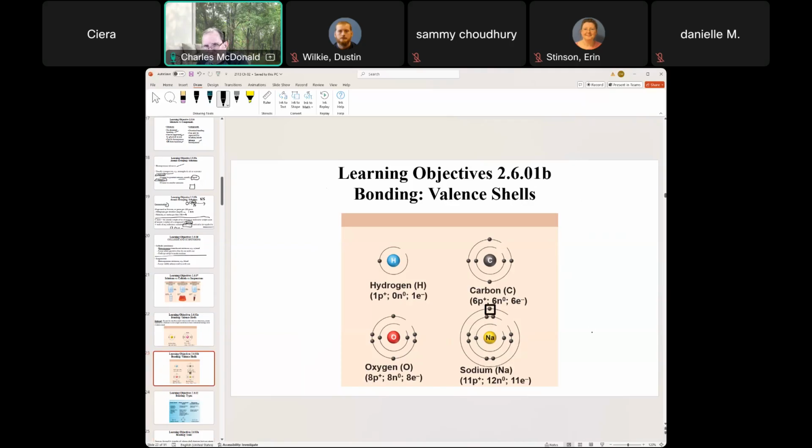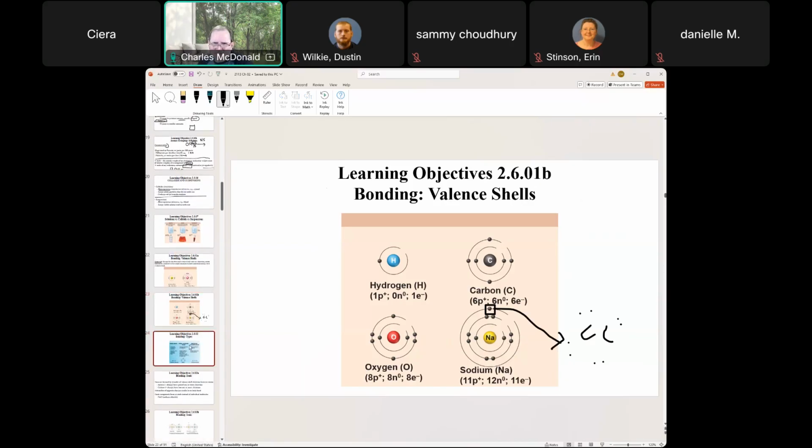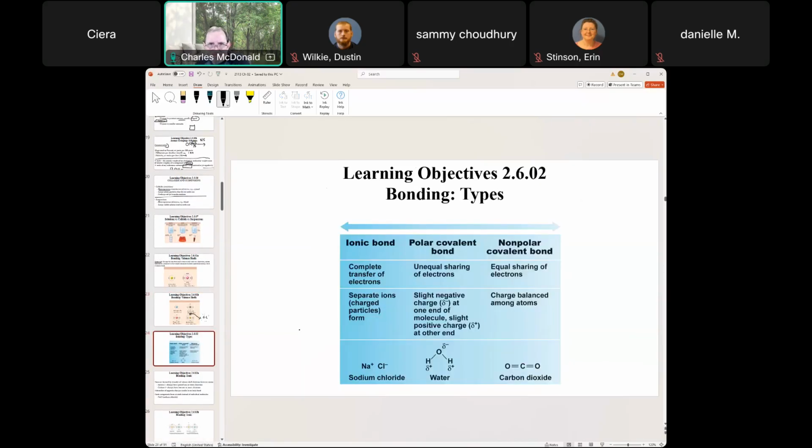Well, you remember chlorine over here that has 7? Here's what they do. This guy actually transfers his electron to chlorine. Now he's got 8, he's stable. Chlorine's got 8 and he's stable. There's a problem with that though, and we'll get into that.